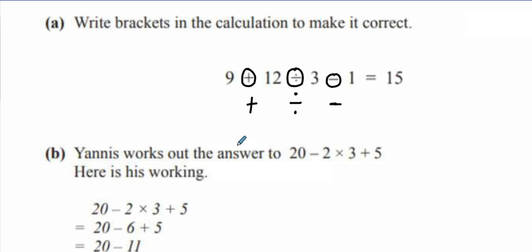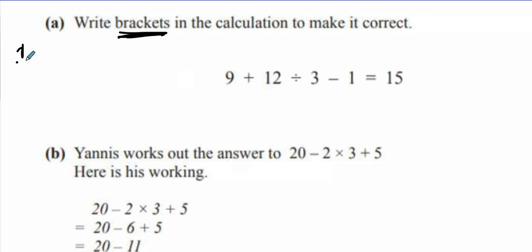So what does it mean? You are going to have 3 possibilities plus 2 extra possibilities. I'm going to show you each and every possibility of where to put brackets, because the question is: write brackets in this calculation to make it correct.